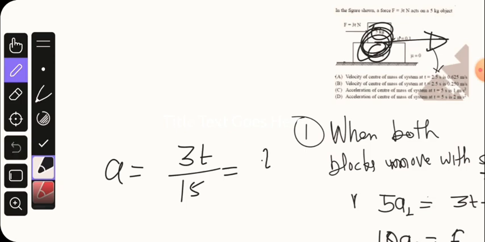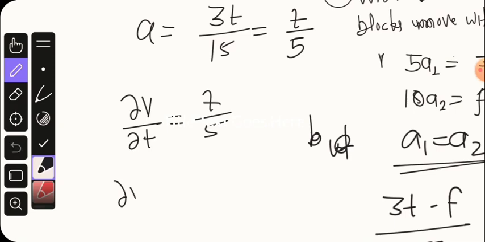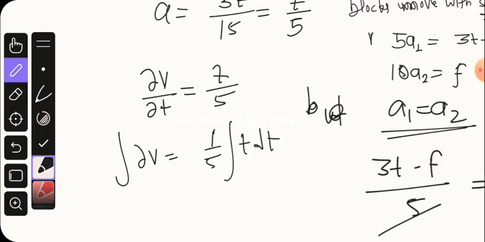So the acceleration of the system will be t by 5. And what is the acceleration? dv by dt, that is t by 5. Okay, then dv will equal 1 by 5 t dt, and initially the velocity is 0 and goes to v, with time from 0 to 2.5 seconds.